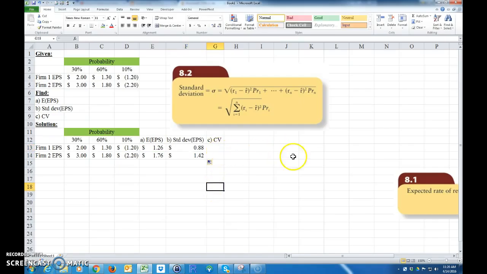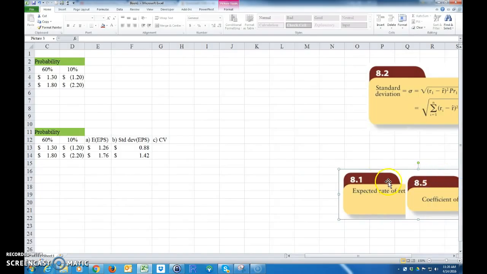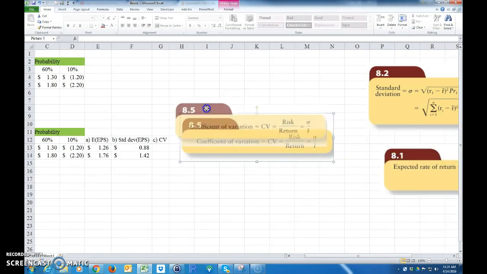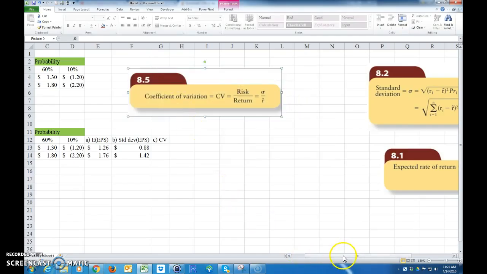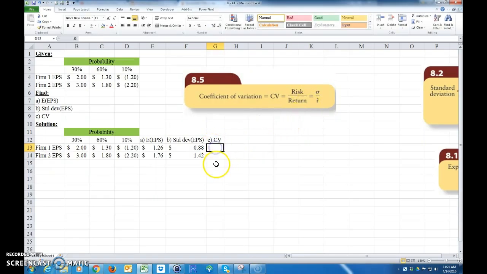Okay, so the coefficient of variation, that one is right here. And the coefficient of variation is the risk divided by the return. Now remember, we're saying the R is its EPS. In this case, we're just using EPS instead of R. So the risk, this is the measure of risk, it's the standard deviation.